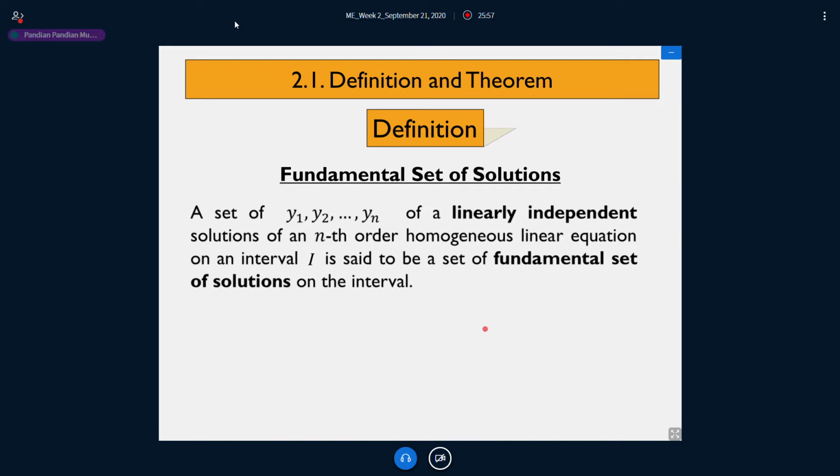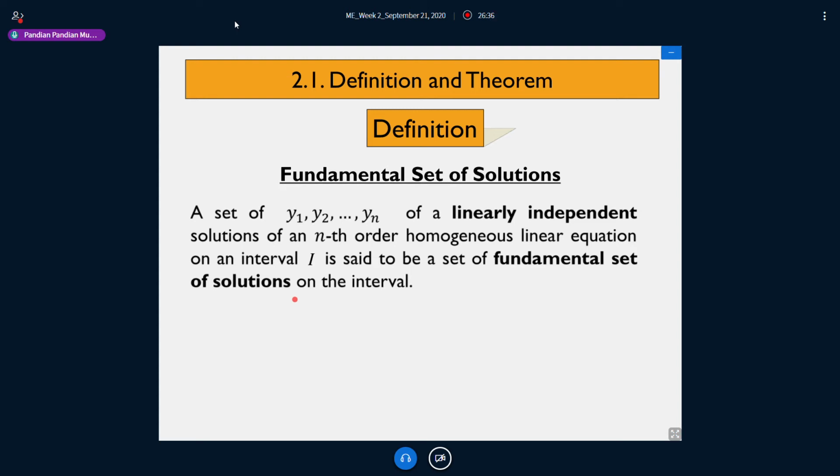So this is very important. Fundamental set of solutions: a set y1, y2, ..., yn of linearly independent solutions of an nth order homogeneous linear equation on an interval I is said to be a fundamental set of solutions. You studied linearly independent and linearly dependent, but linearly independent is called a fundamental set of solutions. This is what is required.